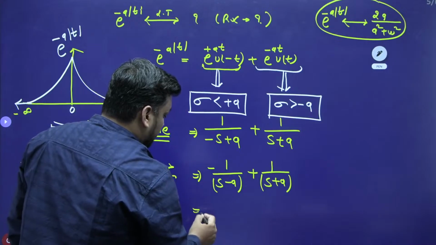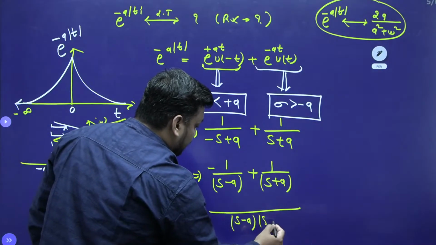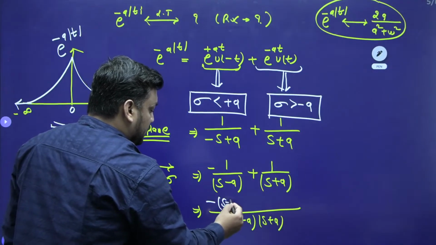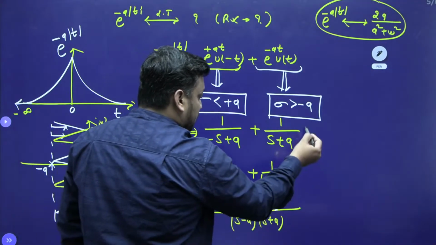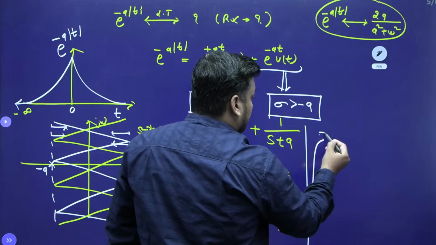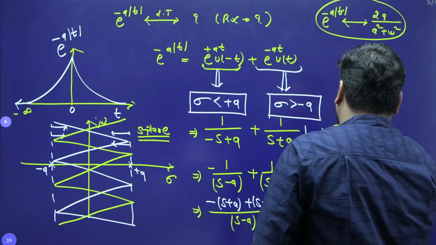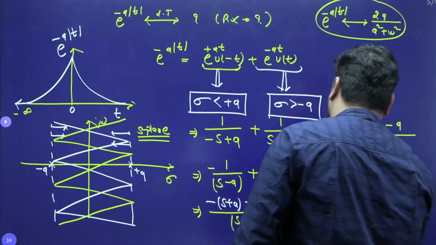Now bachcho, when I take the LCM, I will get s minus a here and s plus a here, with the minus sign. If you simplify it, what do you get? Minus s minus a plus s minus a. Don't you think it is a plus b, a minus b?